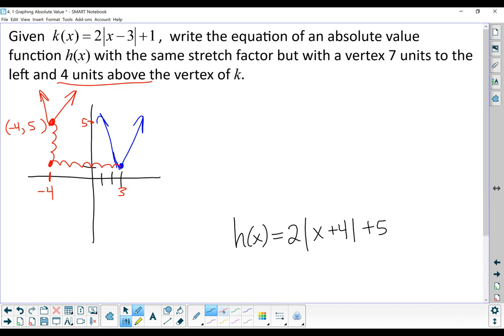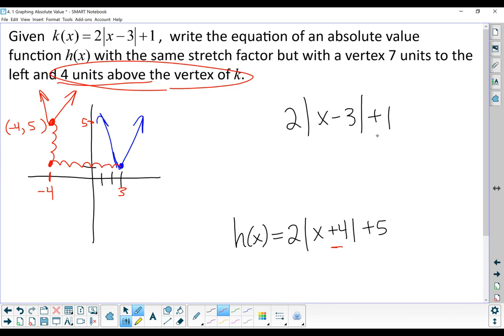Again, we have a sign change in the left-right direction. If you don't want to have to make this sketch for yourself, you could think about the location of the changes in the function. The up-down is going to go here. It's going up 4, which means we're going to add 4. So that becomes a 5.